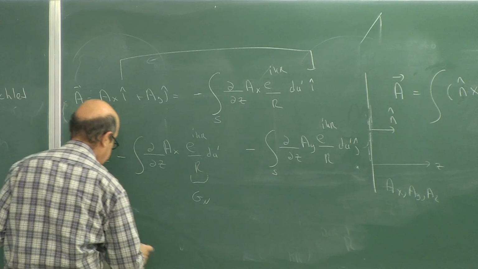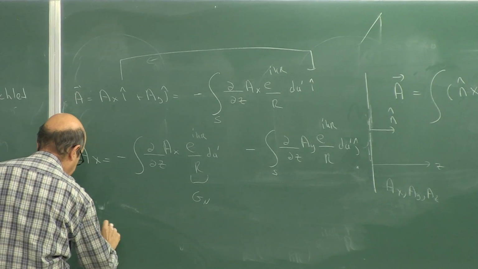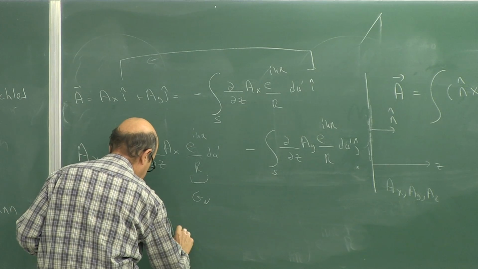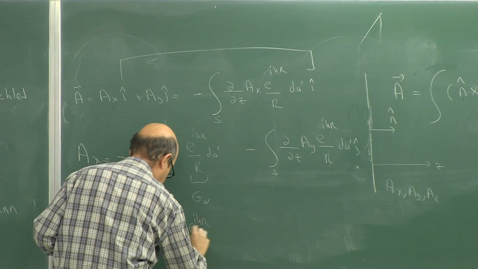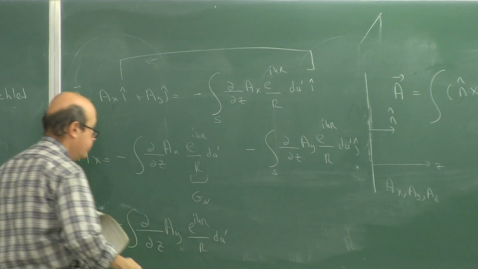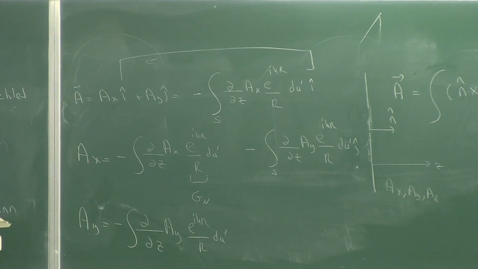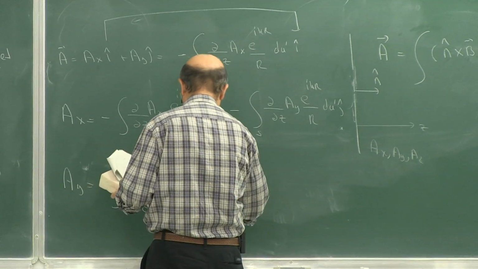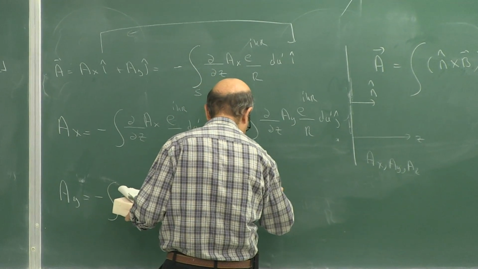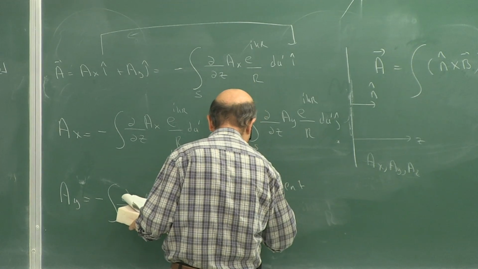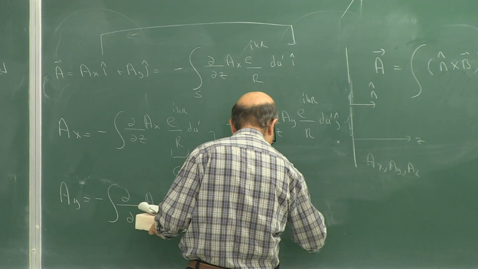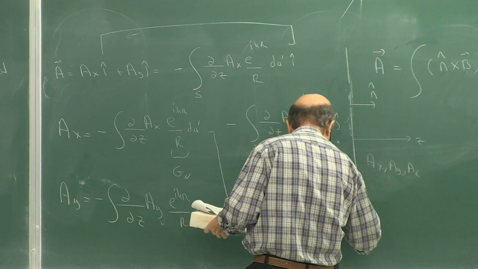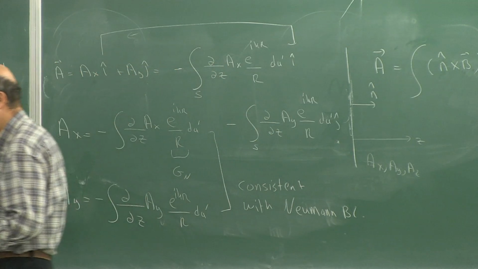And you can write the same thing for the Ey component, e to the ikr over r dA prime. Now, this is consistent with the Neumann boundary conditions.